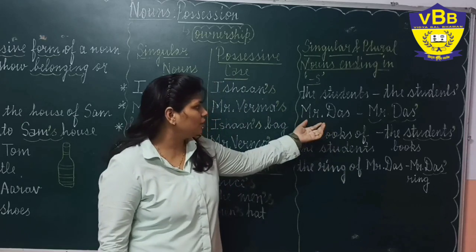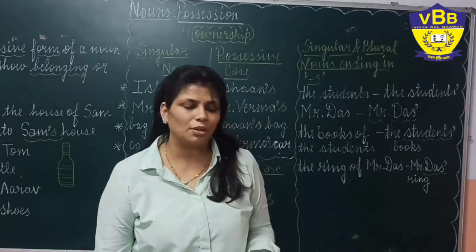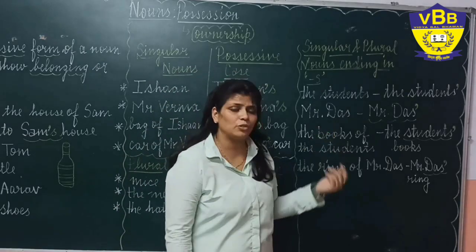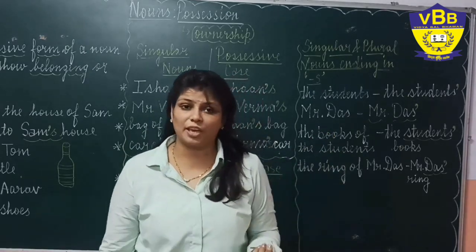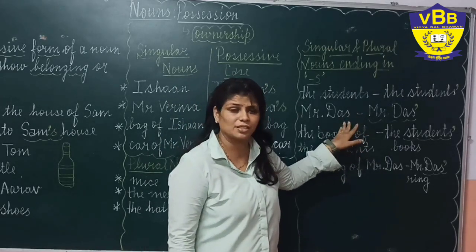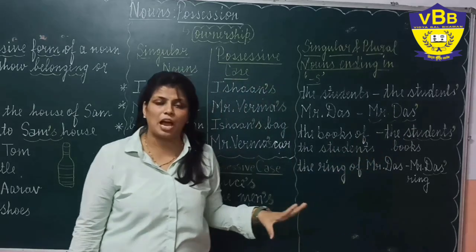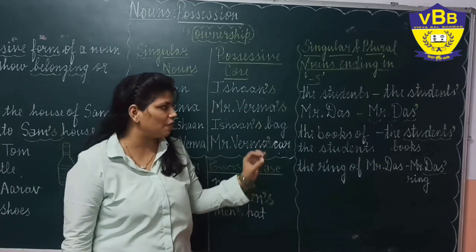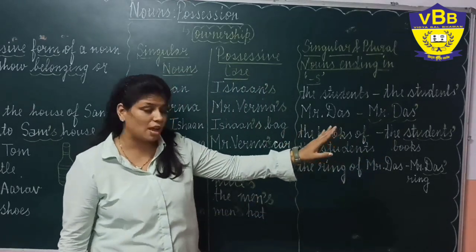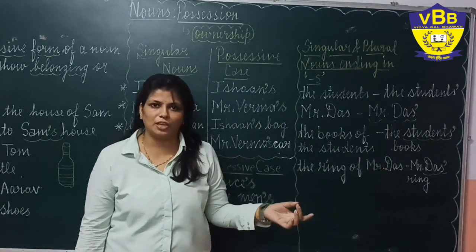Now, here, Mr. Das. Children, it is a name. If I have to change it into the possessive case, how will I change it? Again, you can see it is ending with S. Mr. Das, just put an apostrophe after the letter S. After the word Das, you just have to add an apostrophe.